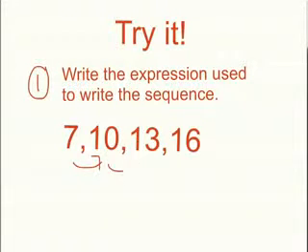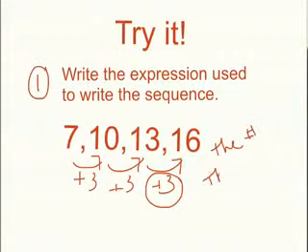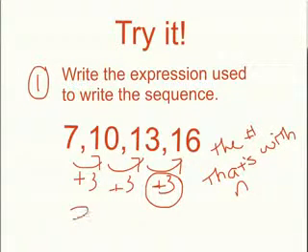But what's going to happen here is we're adding 3 every time, right? So there's a little trick, and I didn't show it to you before, but this number is always going to be the number that's with n. So this number is going to be 3n, and then I'm going to add something to it.